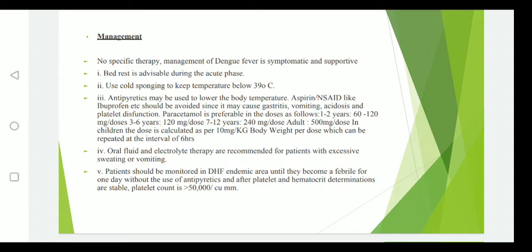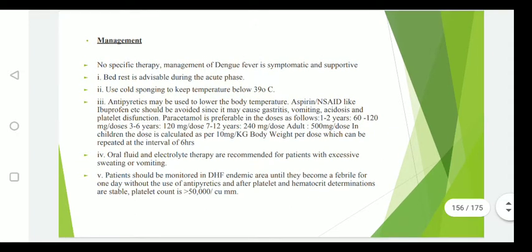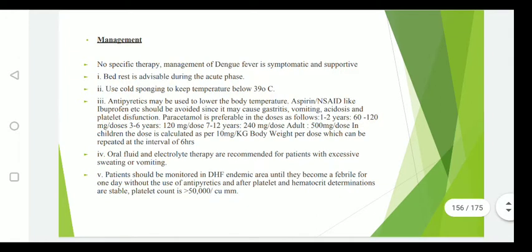In children the dose calculation is 10 mg per kg body weight per dose, which can be repeated at intervals of 6 hours. The dosage varies from person to person.